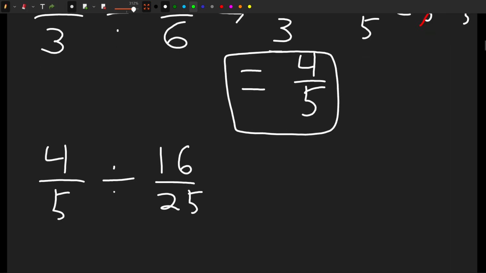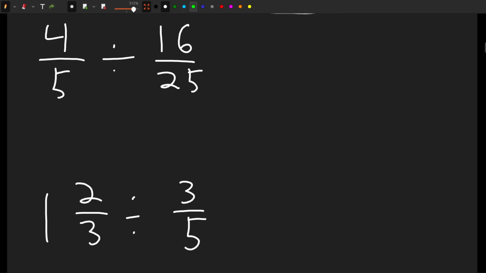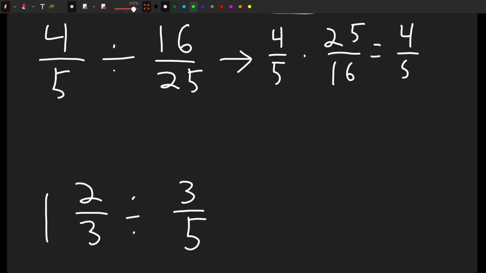Okay, on to the next example. We will do the same thing. 4/5 will remain the way it is. And then we will turn this to multiplication, and we'll get 25 over 16, which will then become 4/5 for the first fraction.